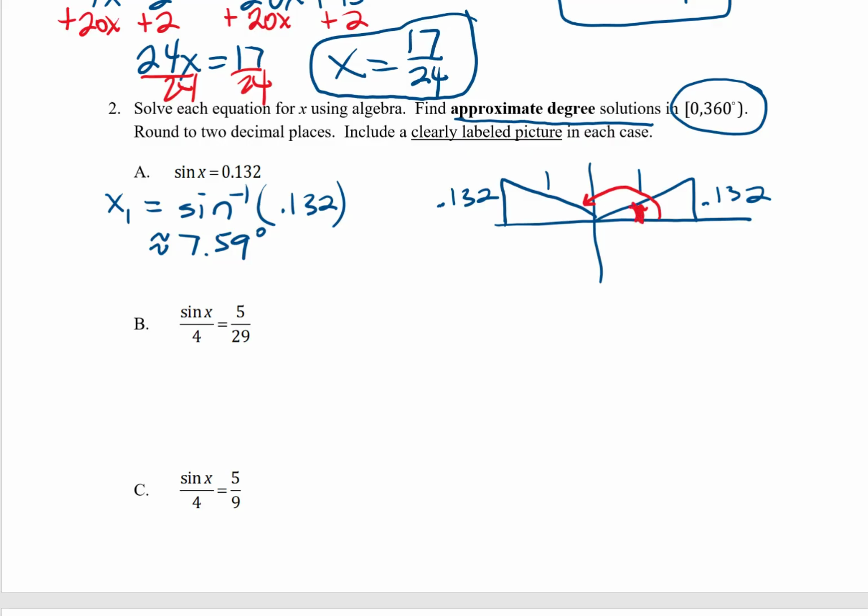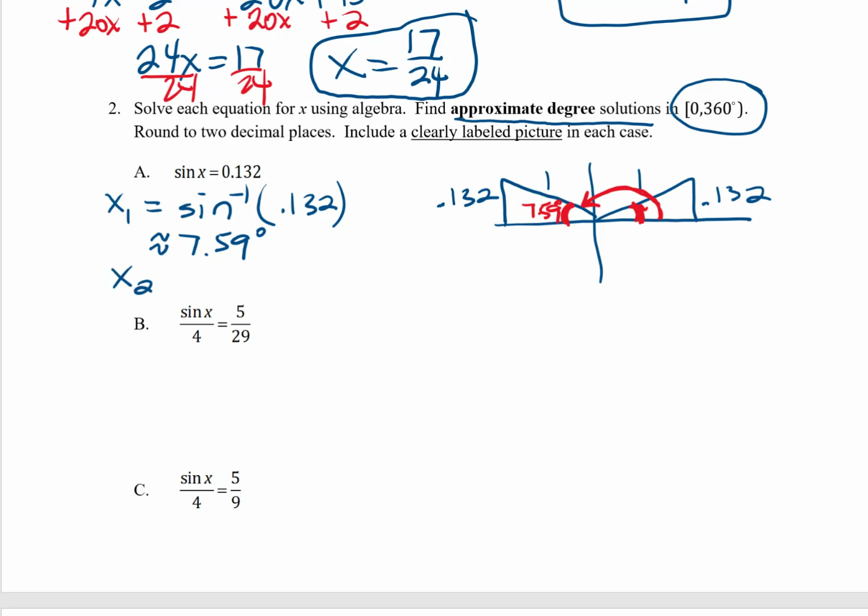But how will I get the other angle, the second quadrant angle? The key is to use symmetry. This little thing here, obviously, according to the picture, is also 7.59 degrees. In other words, it's another copy of x sub 1. If I want this x sub 2, all I need to do is take 180 degrees, a half revolution, and subtract out the 7.59.